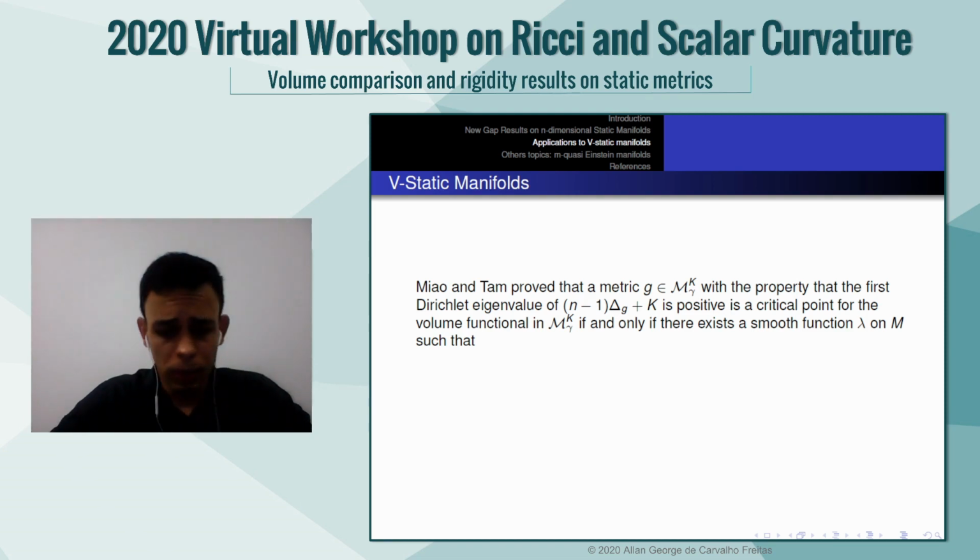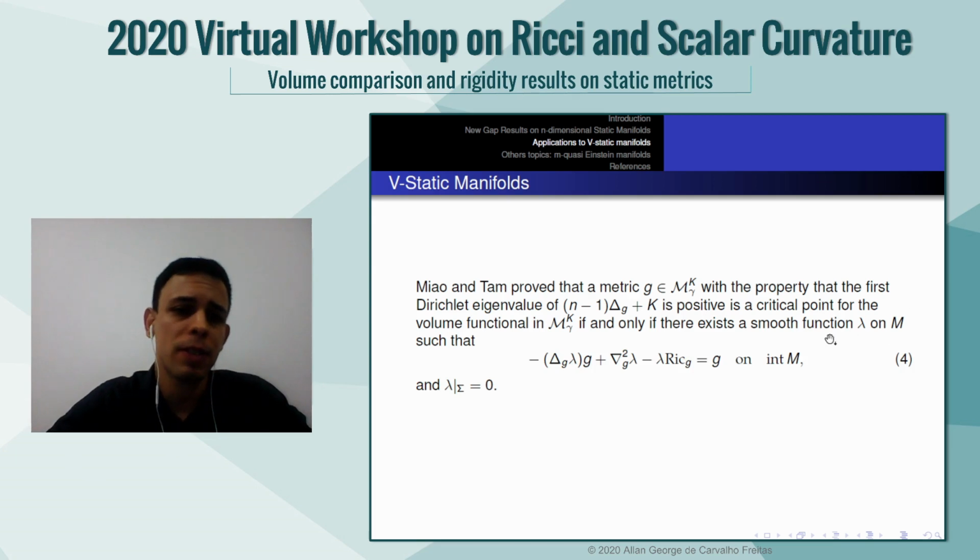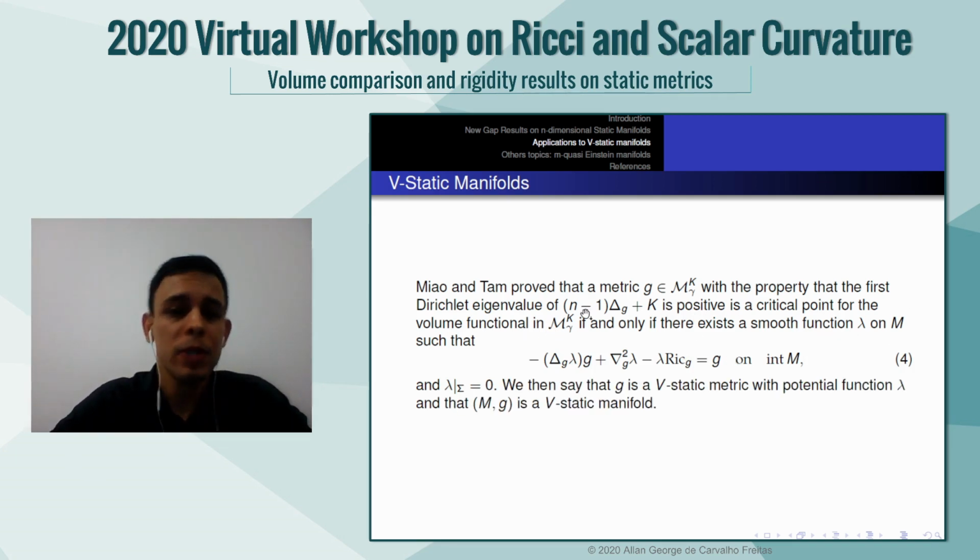And Miao and Tam, for example, proved that if you consider metrics in this subset with the property that the Dirichlet eigenvalue of this operator is positive, then the metrics are critical points of the volume functional if and only if there exists a smooth function on the manifold satisfying this equation, which is very similar to the static equation.